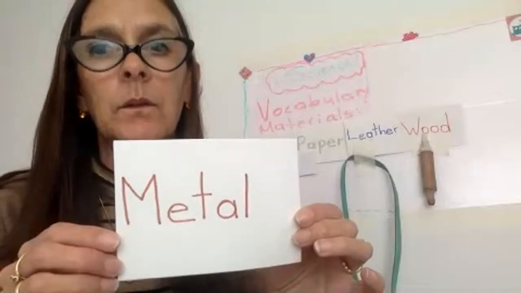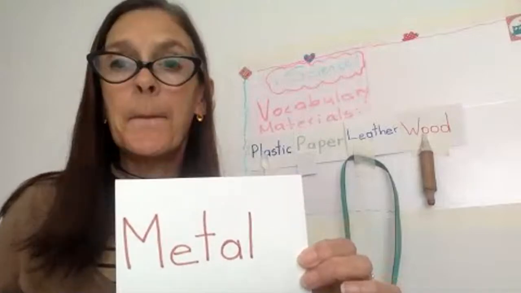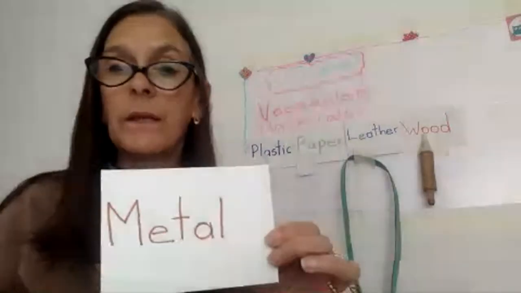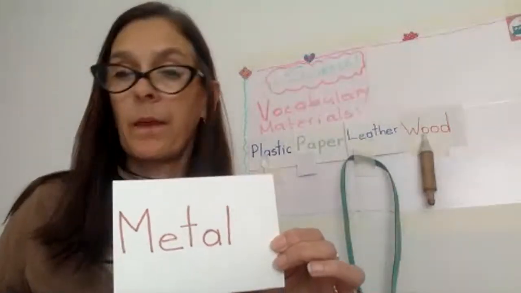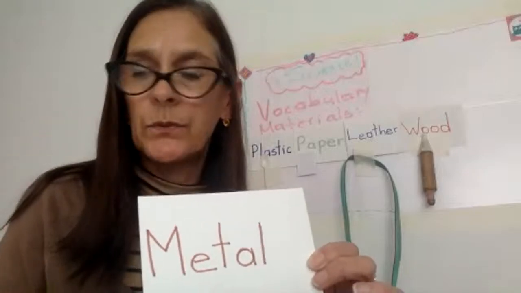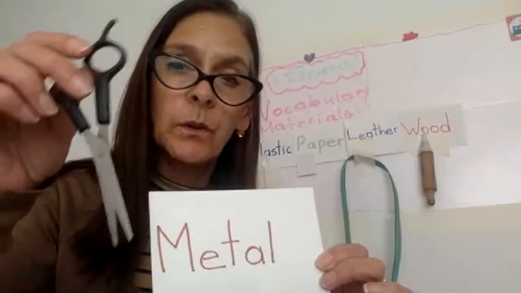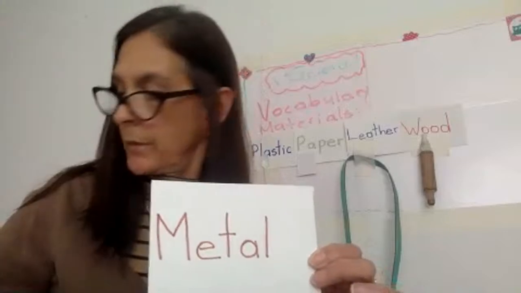Metal. Okay. The silverware is made of metal. The silverware, the spoon, the fork, the knife, scissors are made of metal too.